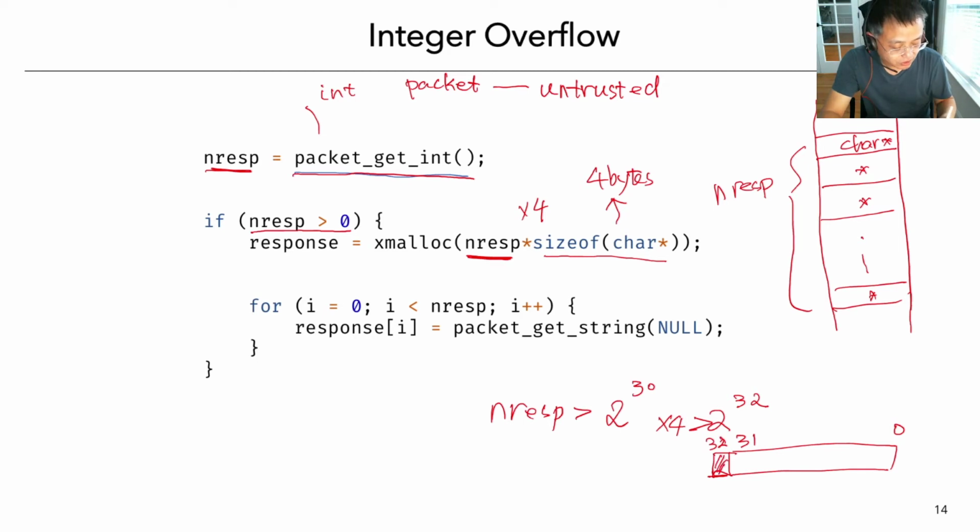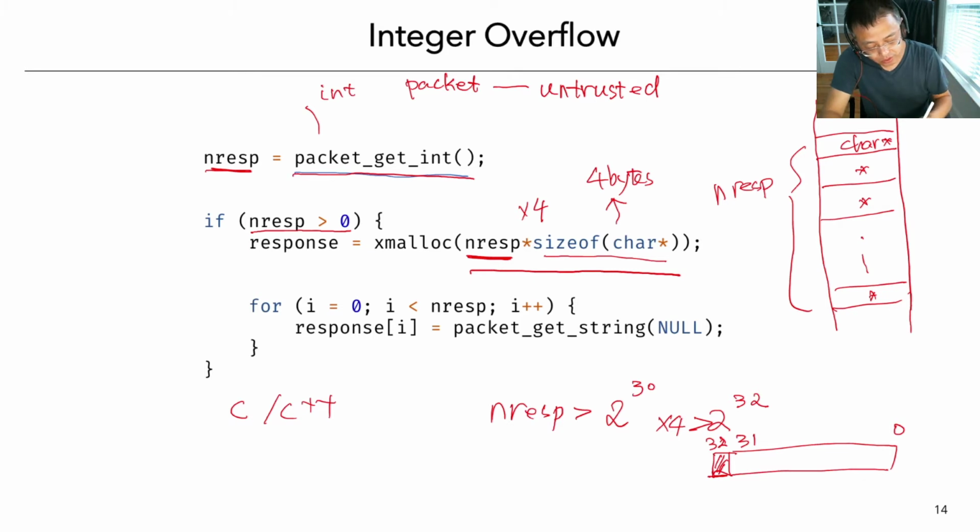So you're actually going to get a very small number because this can overflow the 32-bit integer. In the computer, especially for programming languages like C or C++, all the variables have their internal memory size.